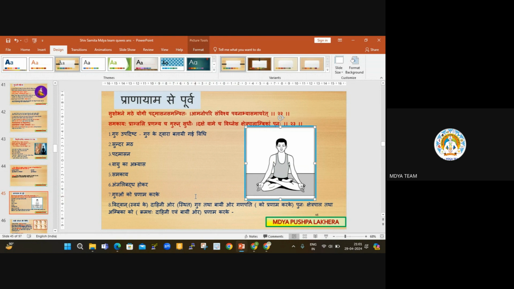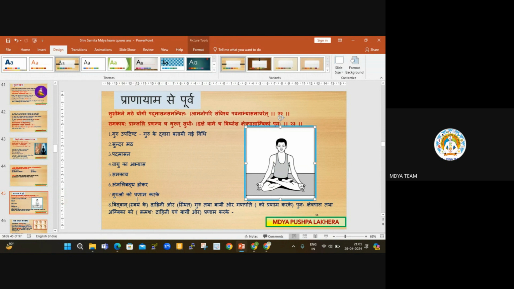Whenever you search for that, your heart and your palms should be like this, in Anjali Mudra. Here it is stated that you join your hands, showing that you want that knowledge.